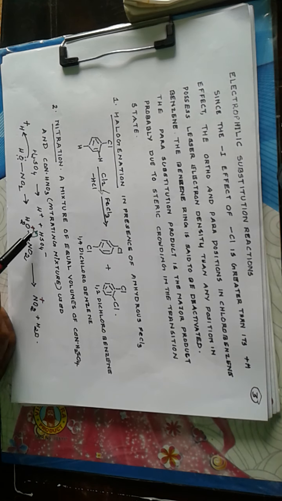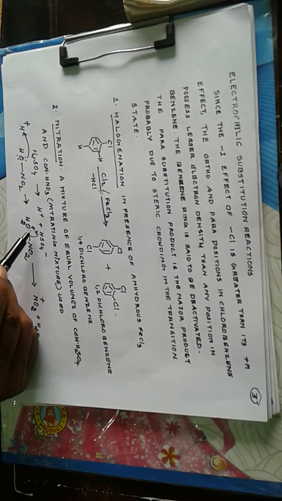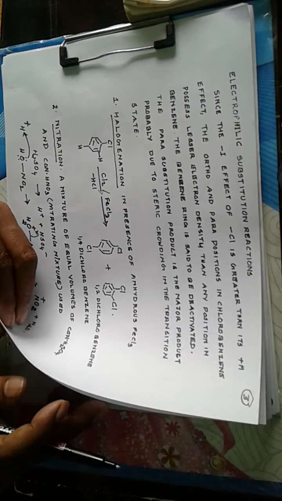Then the lone pair of the oxygen atom of the OH group combines with H positive, so it becomes OH2 positive. OH2 positive is a good leaving group, and due to its positive charge, it completely takes up the electron pair in this bond. So nitrogen loses its share of electrons, and we get NO2 positive, the nitronium ion, which is the electrophile in the nitration reaction.